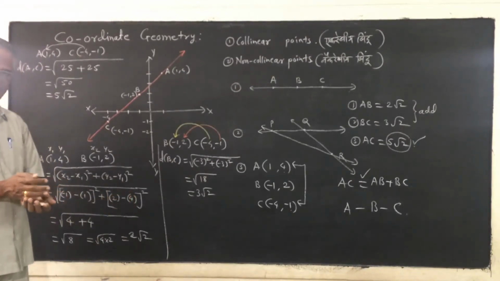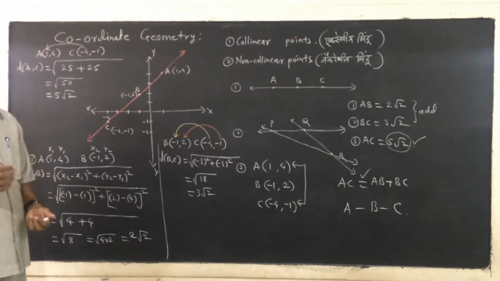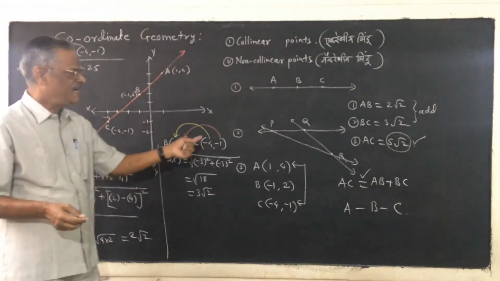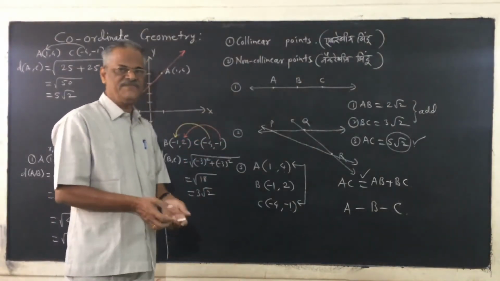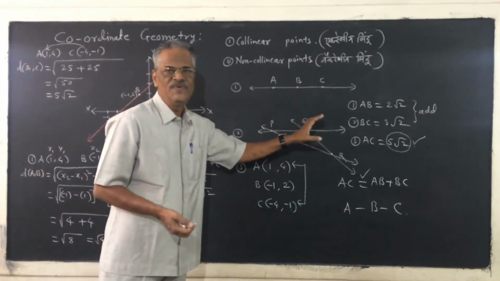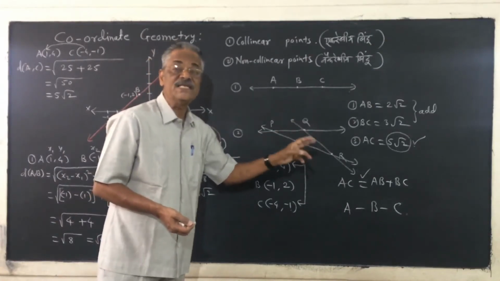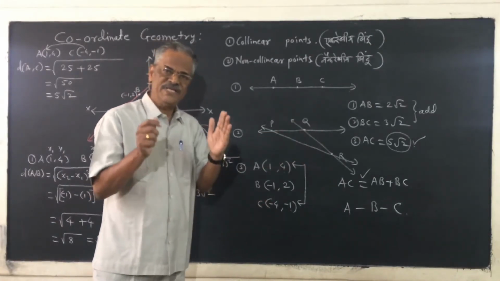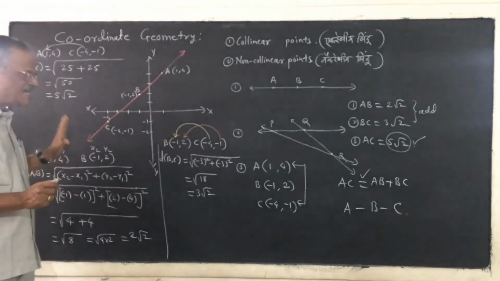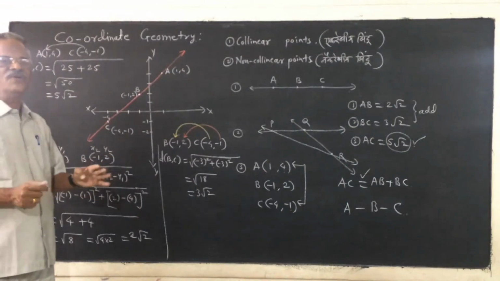Very interesting. You can see that if A, B, C points are there and the coordinates are given, we have to use that method of the distance formula. By using the distance formula, we can prove that they are collinear or non-collinear.